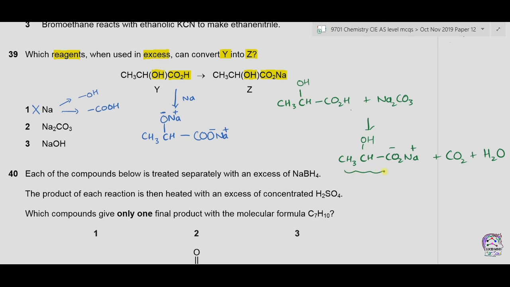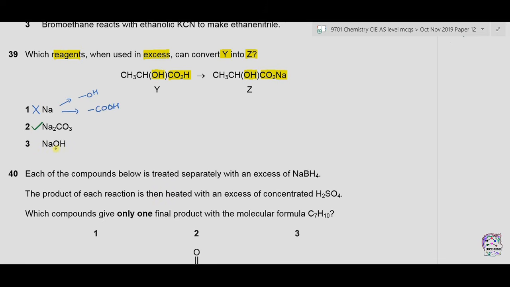As we can see that this product corresponds to compound Z, therefore option 2 is correct. For third we have sodium hydroxide. Now sodium hydroxide is an alkali and an alkali reacts with the carboxylic acid functional group to form salt and water. We can write this reaction as NaOH.